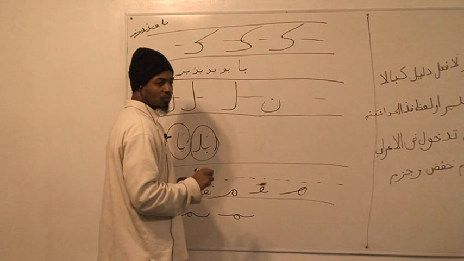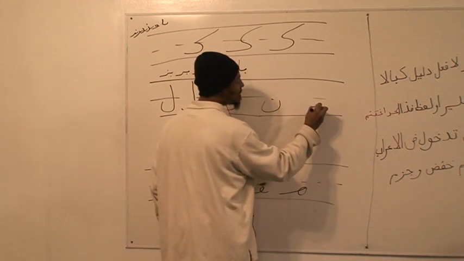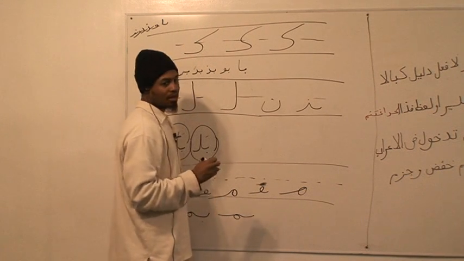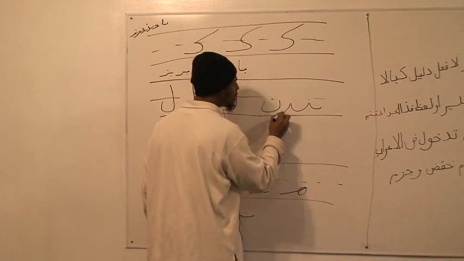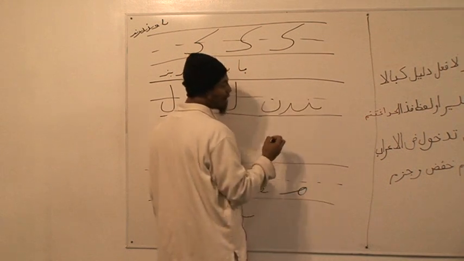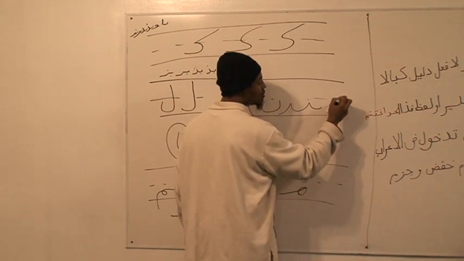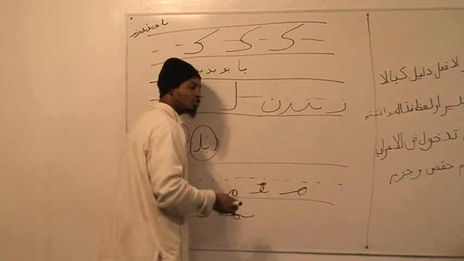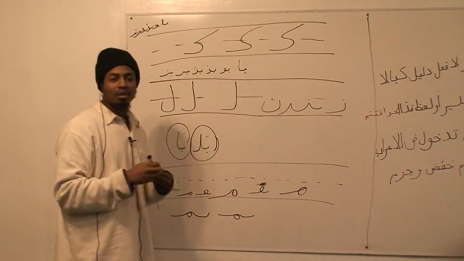Okay, you see that? Or you can write it like this. Okay? Remember, it's going to connect to another letter. So, this is how you can write it in the beginning of a word, just like that. Just a line that you put a dot on top of. Does that make sense?